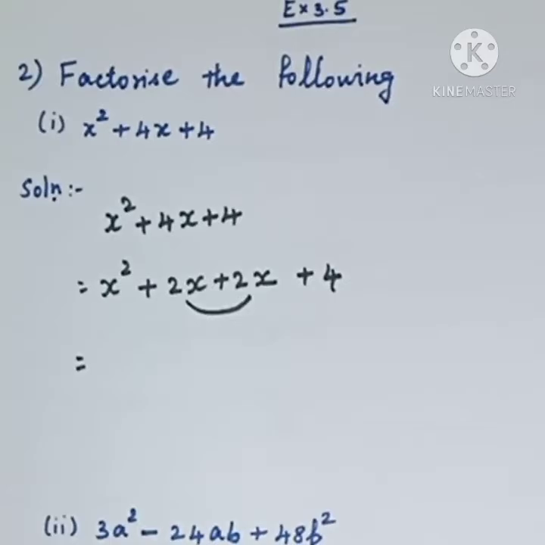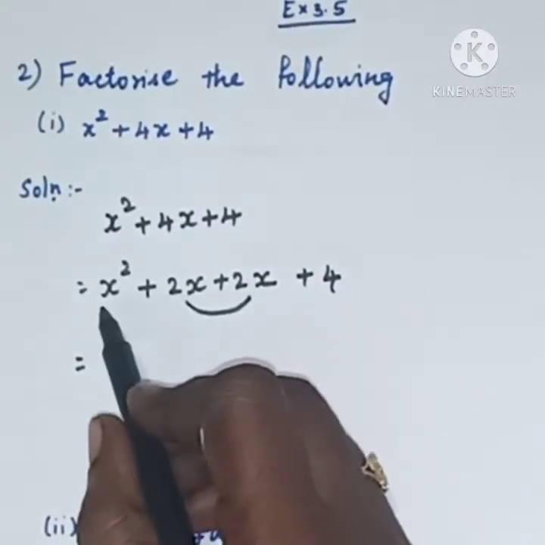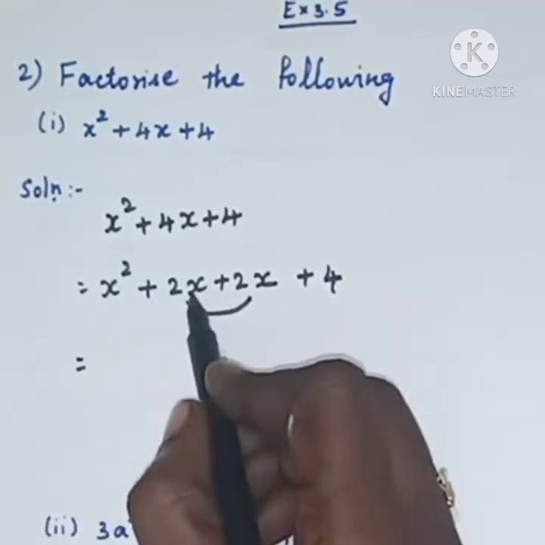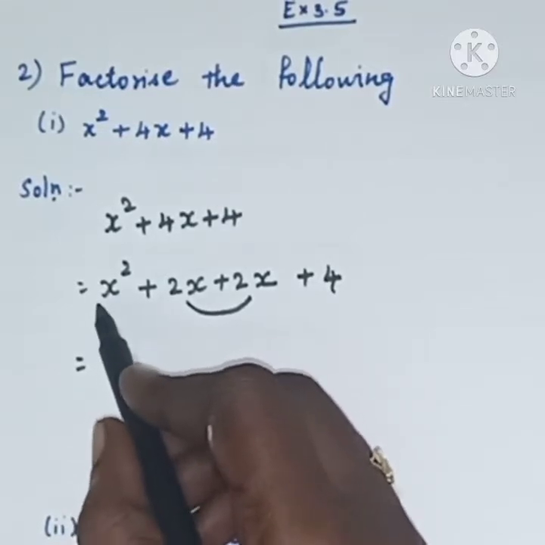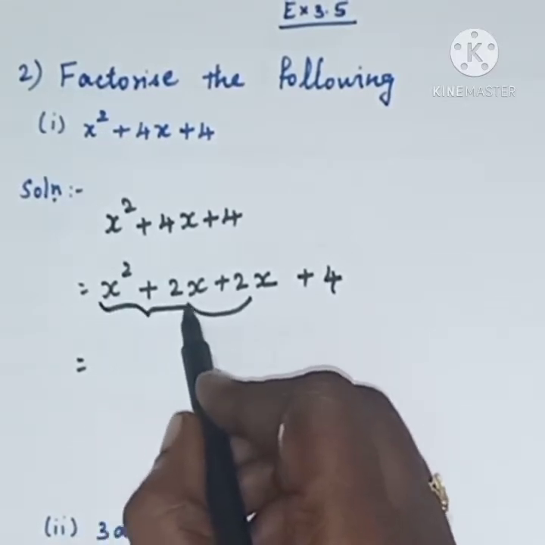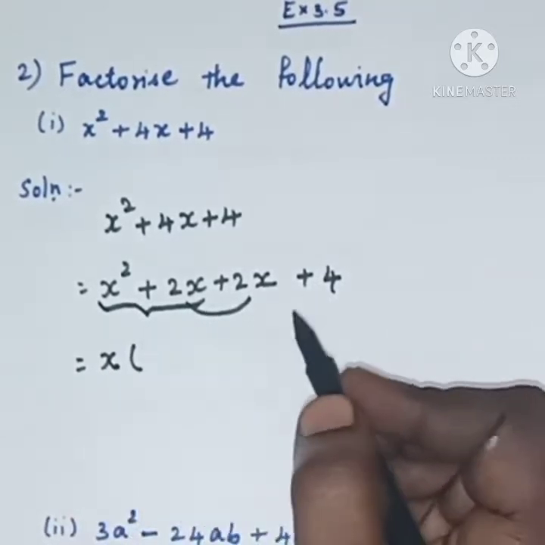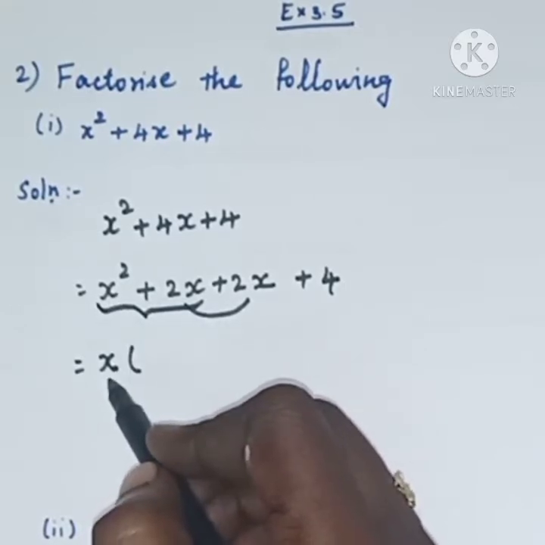Which is the common variable we have in the first 2 terms? x is the common variable in the first 2 terms. So take that x outside. From the first term, we took x outside.